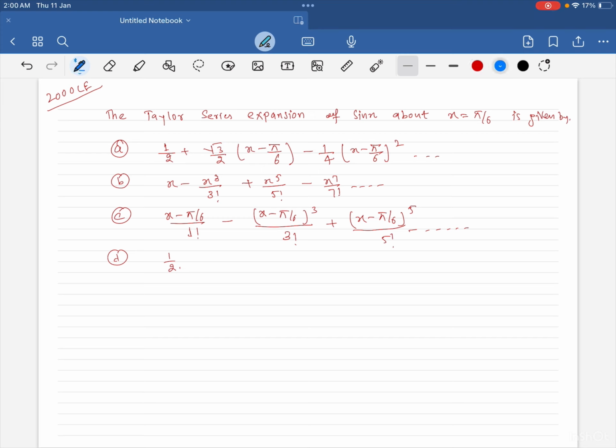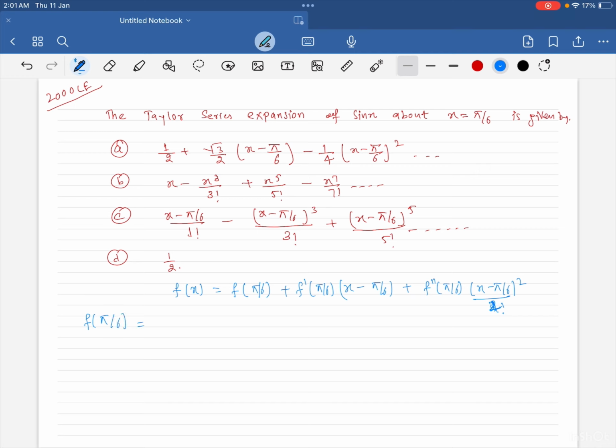What we can do, we can find first of all the expansion, that will be function evaluated at pi by 6 plus first derivative evaluated at pi by 6 into x minus pi by 6 plus second derivative evaluated at pi by 6 into x minus pi by 6 square divided by 2 factorial, right?